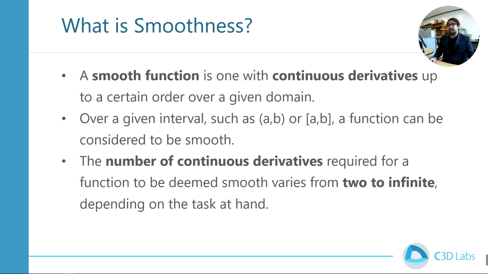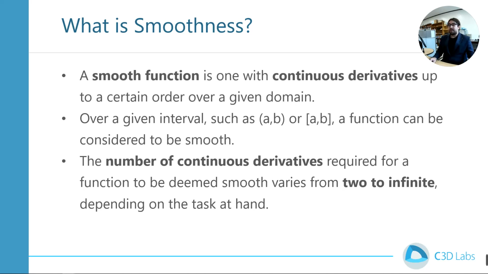So, what is smoothness? This definition is related to a smooth function. A smooth function is one with continuous derivatives up to a certain order over a given domain. Over a given interval, such as from A to B, a function can be considered to be smooth.